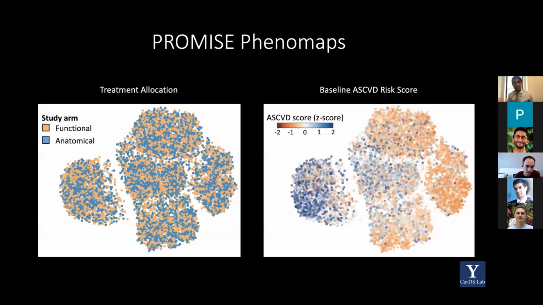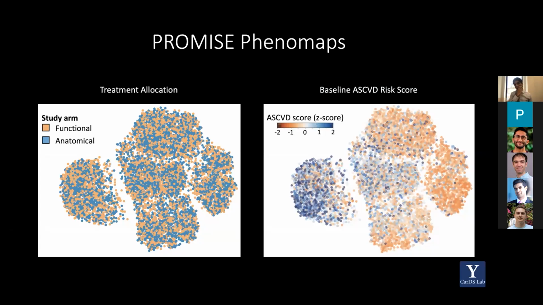So first off, I will just delve into the phenomap. This is the UMAP of the clinical trial population, based on those 56 pre-randomization features. First, as a sanity check, on the left you have the plot that assesses treatment allocation. There are mathematical tools that bear this out numerically, but you can see visually that the functional and the anatomical arms are uniformly distributed throughout the phenotypic space.